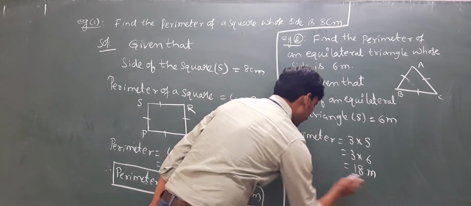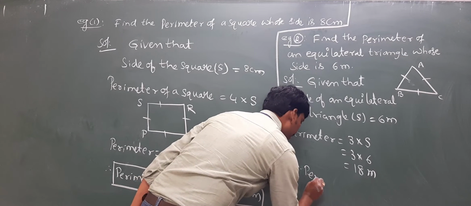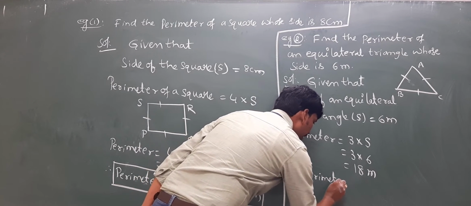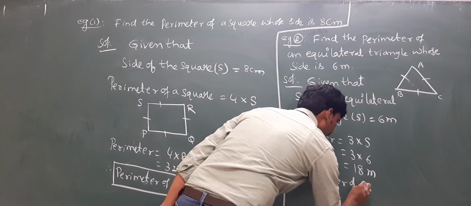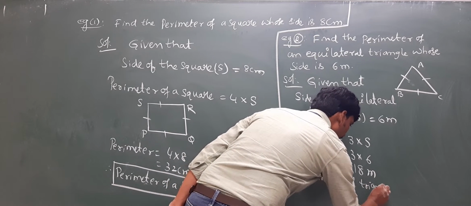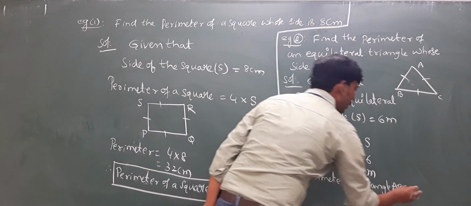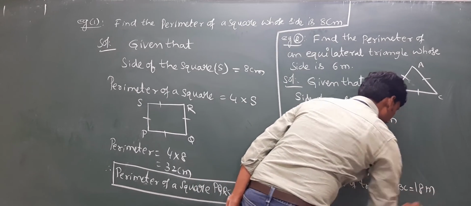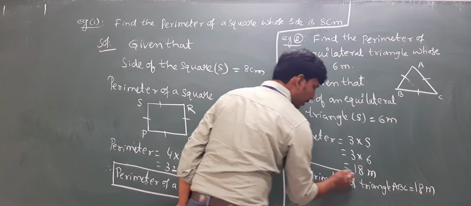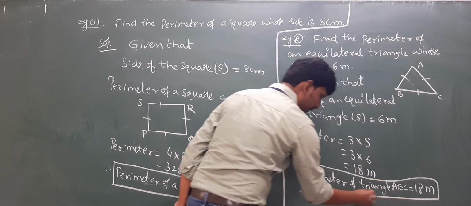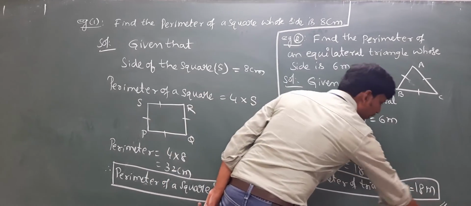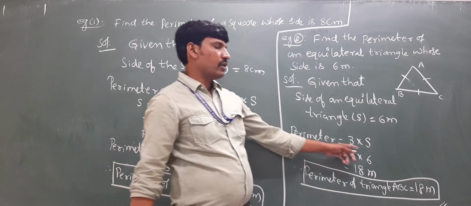Okay, so therefore perimeter of triangle ABC is equal to how much? 18 meters. I hope you understood this example. Clear, my dears? To find the perimeter of an equilateral triangle, what is the formula? 3 into side.